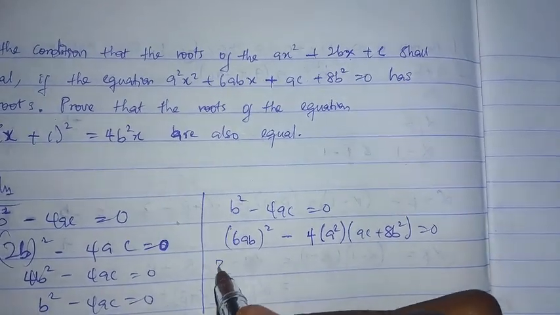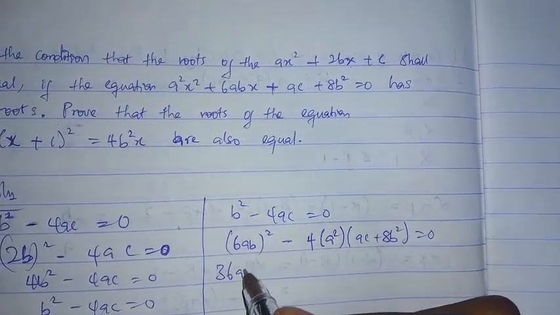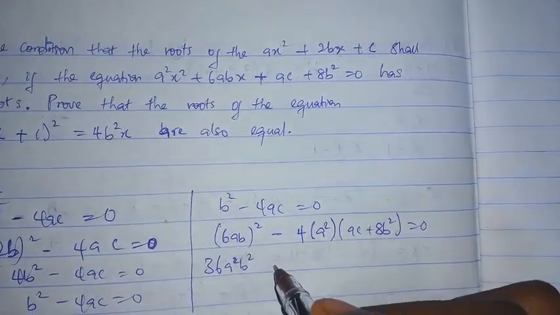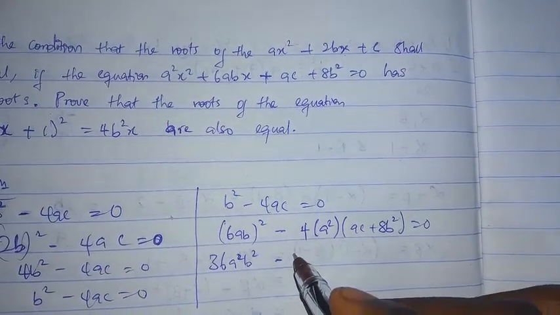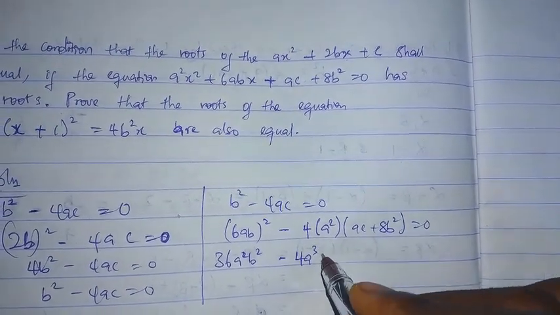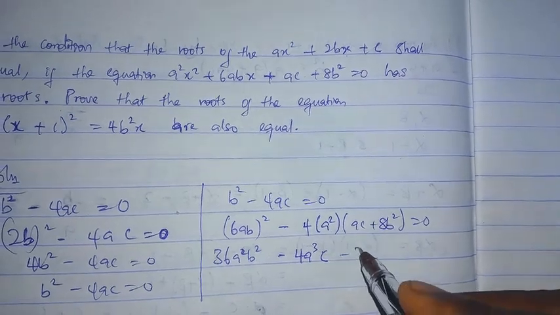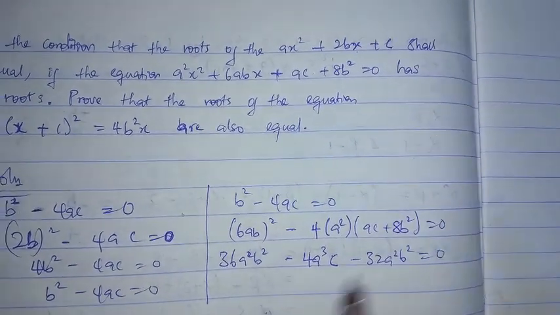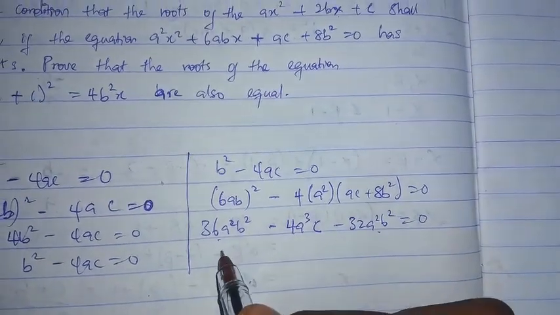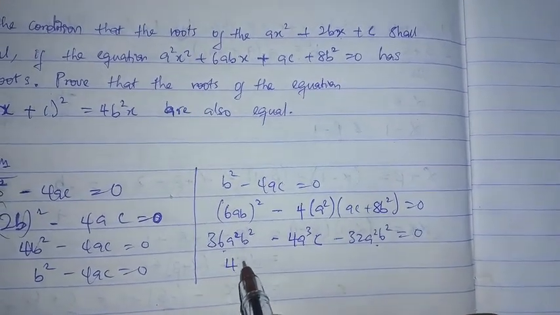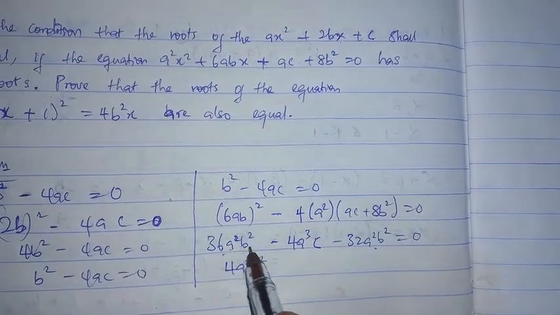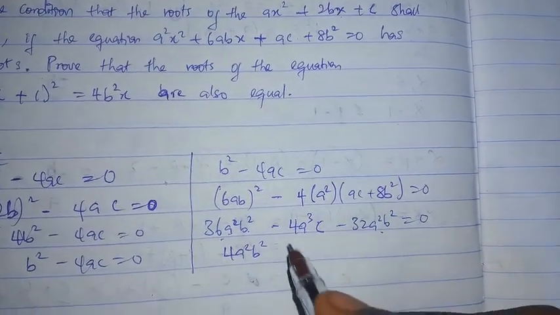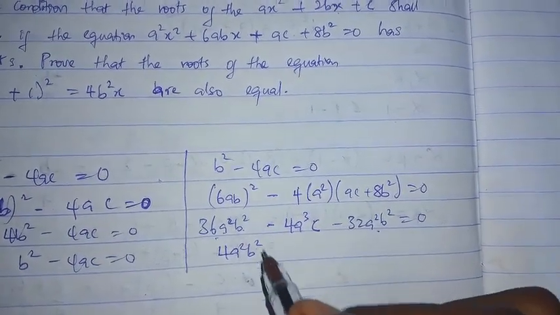Now on expanding, this becomes 36a squared b squared minus, expanding this becomes 4a cubed c minus 32a squared b squared equals 0. Subtracting this, I have 4a squared b squared, because they have the same variables.